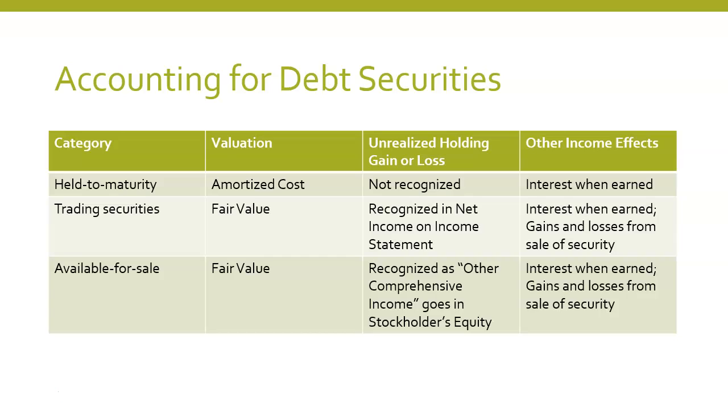Okay, when we take a look at accounting for the debt securities, if it's a held to maturity security, we're going to use the amortized cost method, and there is no unrealized holding gain or loss, okay, because we're just recording whatever we paid for that bond, plus or minus the premium or discount. That's what is on the books.